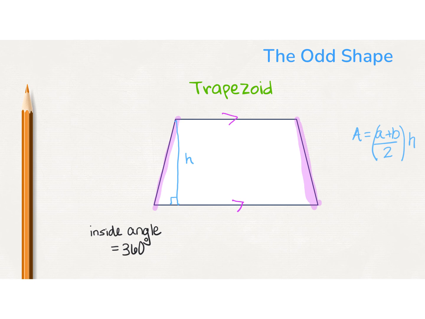The smaller of the two parallel sides is A, and the larger of the parallel sides is B. So you would take the measure of A plus B, divide that in half, and then you would multiply that result by the height.